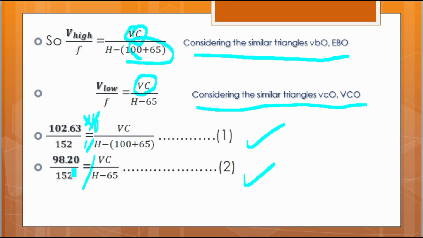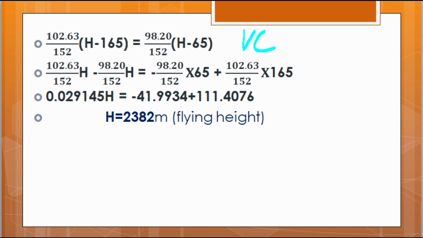You remember cross multiplication, you multiply across each other. That's when you find the values. So VC will be equal to 102.63 over F multiplied by H minus 165. That is the addition of the 100 plus 65. That is 98.2 over 152 multiplied by H minus 65.